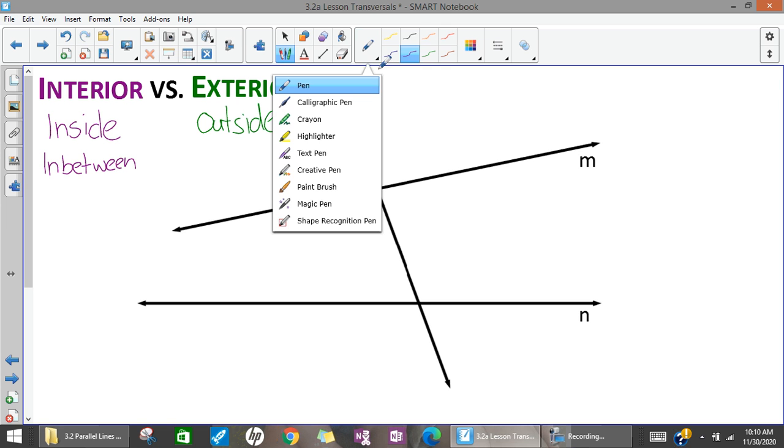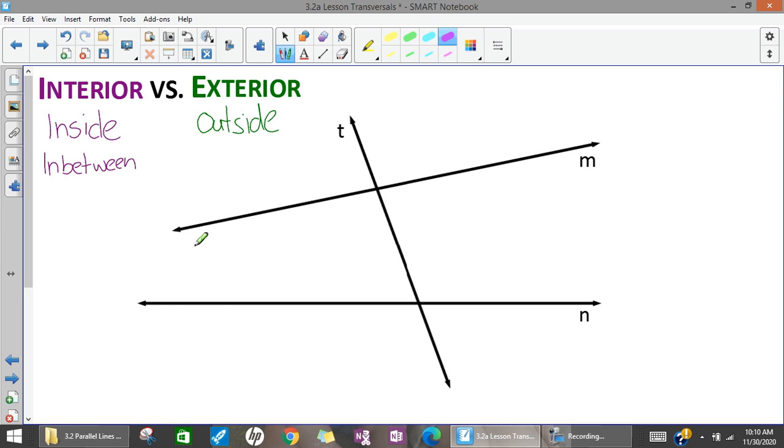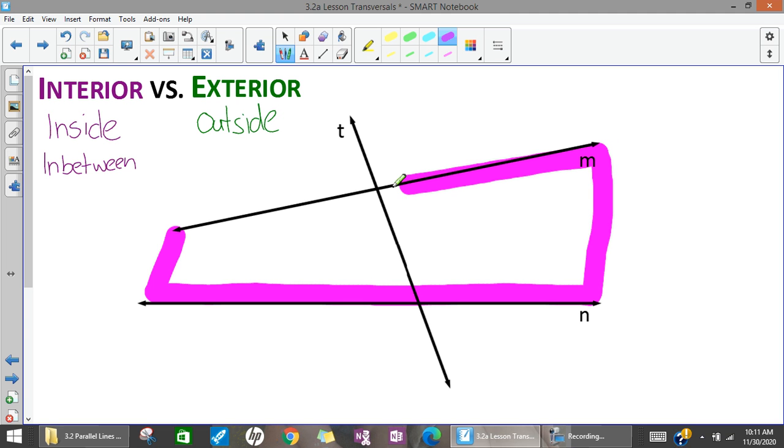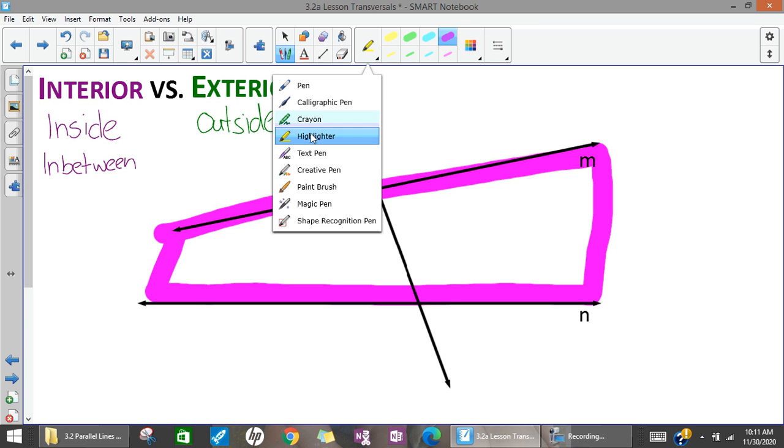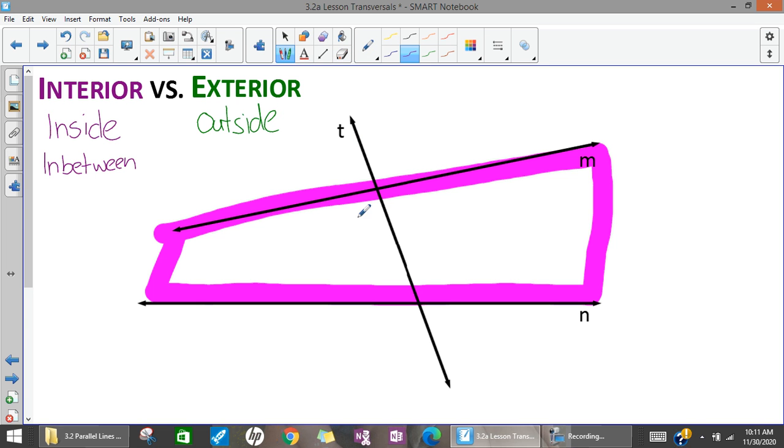So I have this interior that's in between these lines that are intersected by my transversal, and I end up getting four interior angles. One, two, three, four.